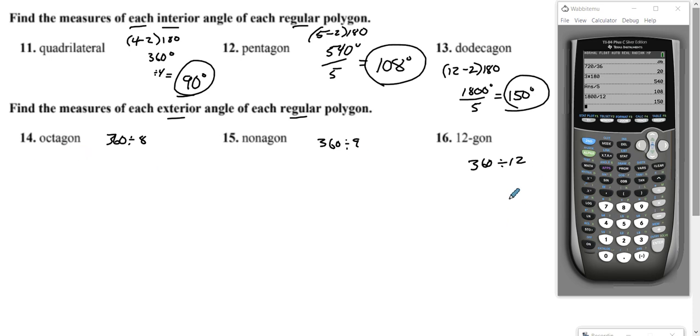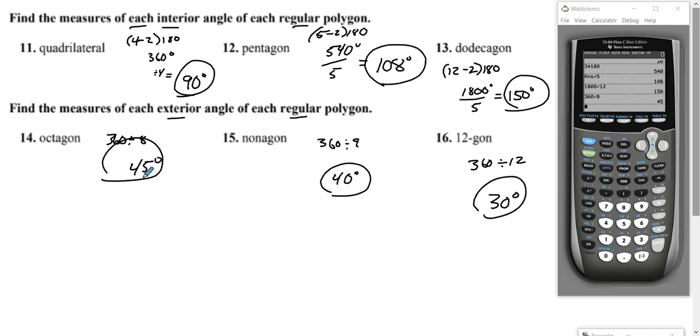Okay, so that one's 30. Divided by 9, that'd be 40. 360 divided by 8, 45. So each exterior angle is 45 degrees, 40 degrees, 30 degrees for these last three.